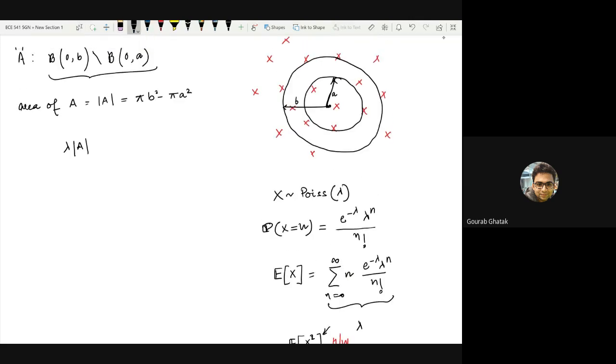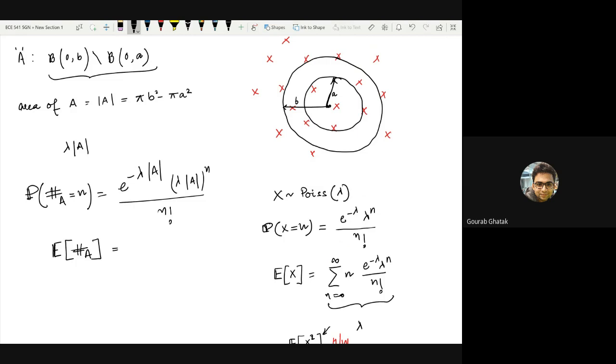So we know that if it's a Poisson point process, the probability that the number of points inside of this annular region A equals n is simply e to the minus lambda A, lambda A to the n by n factorial, right? And similarly, if you find the expected value of the number of points inside of A, you would find that it is lambda times A. Of course, this is the mean value, but this is how it is evaluated.